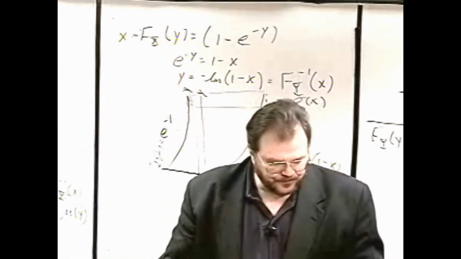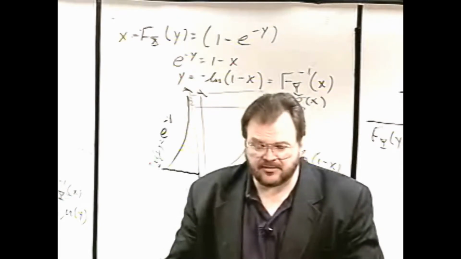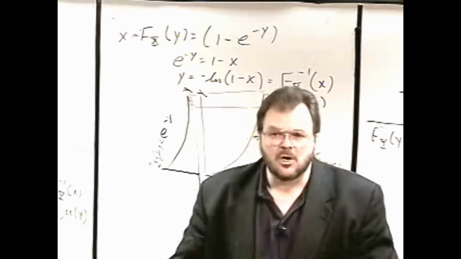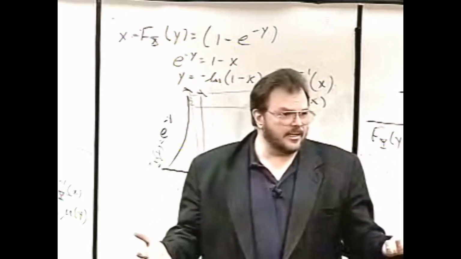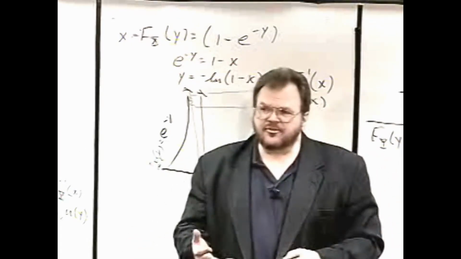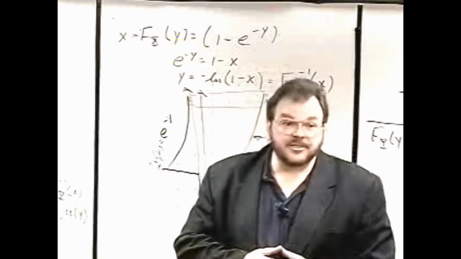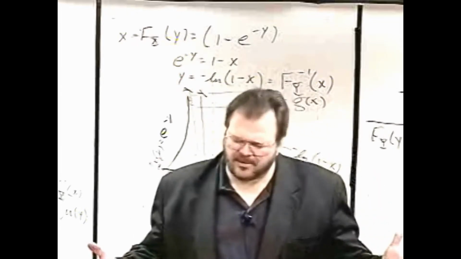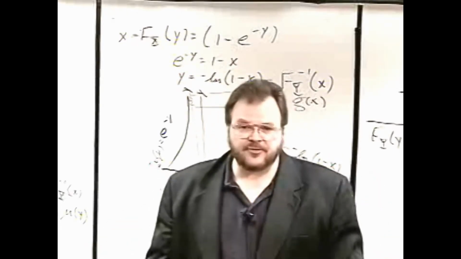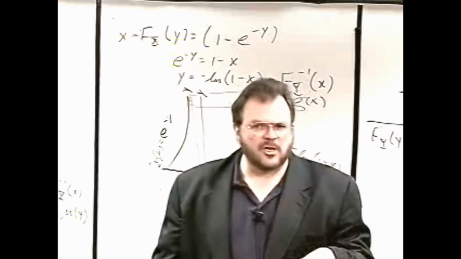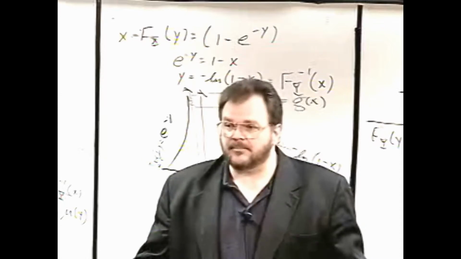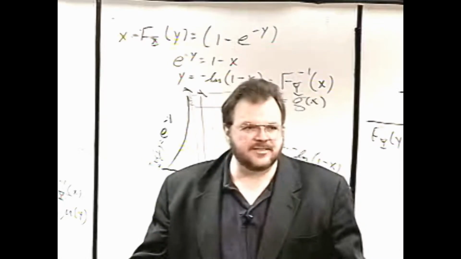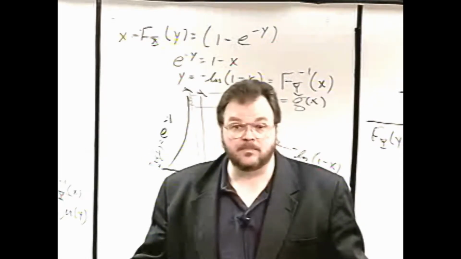But the use of this, again, is in non-parametric statistics. We are given a random variable and we have no idea of the underlying density function. The only evidence that we have of the underlying density function is a histogram. We've taken a histogram of a lot of different points. And as you've seen, if we make the bin sizes small enough and we take enough samples, we can use this histogram as an estimate of the probability density function of the underlying random variable.